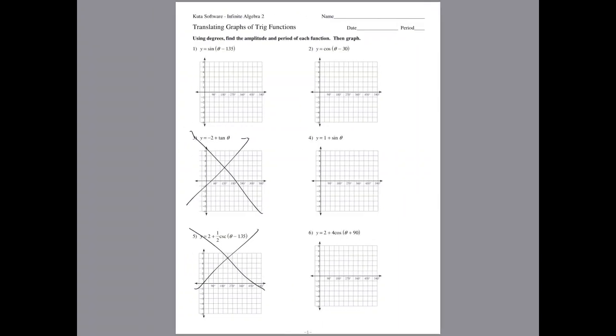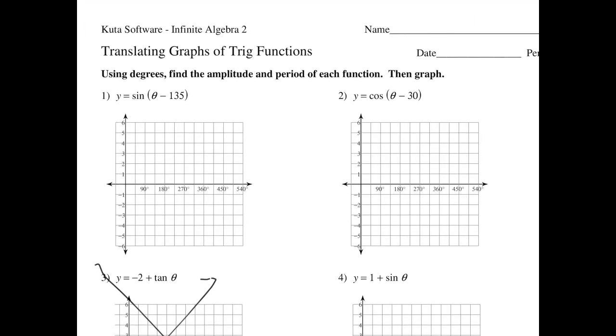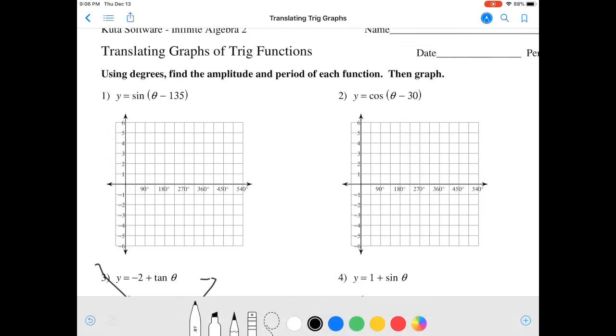I want you to notice one difference on the front side of the paper. So far we've been talking about the period of the graph in terms of radians. We've been talking about 2 pi. So what is 2 pi equal to in degrees? That's right, 2 pi is equal to 360.